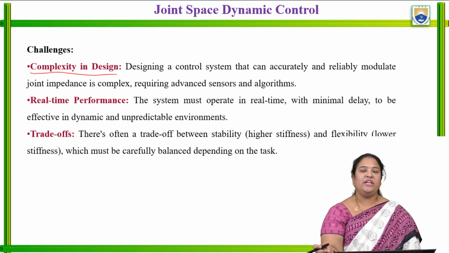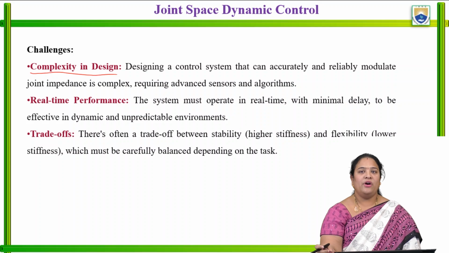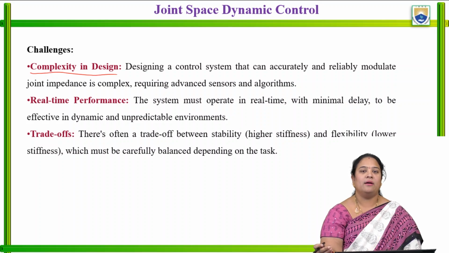That is, we have to take the challenge of designing a robot which is complicated, whether by usage of advanced sensors, or by giving high-end algorithm programming to the robot, or it may depend upon the complex joint impedances. So we need to take any particular challenge and start working on it.